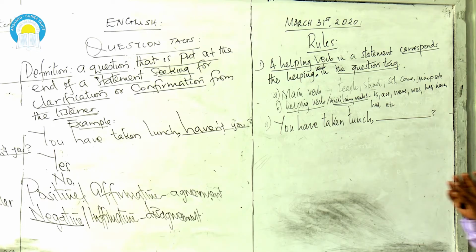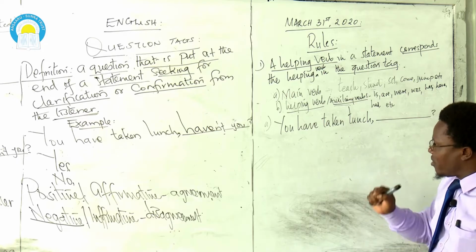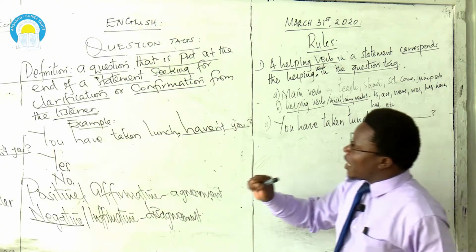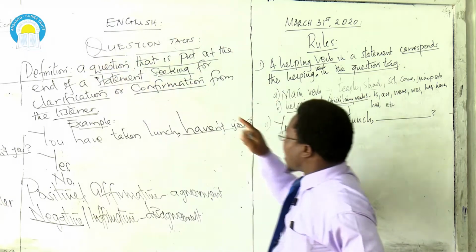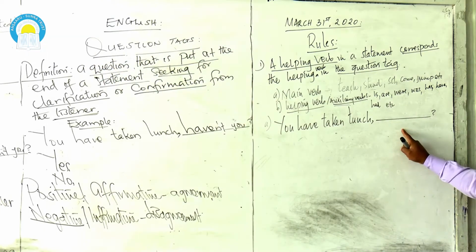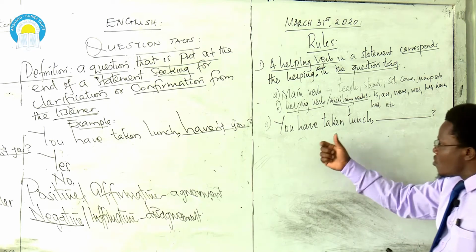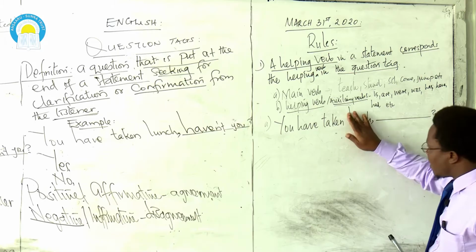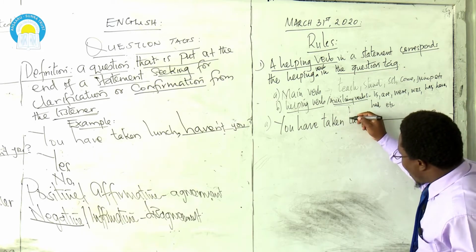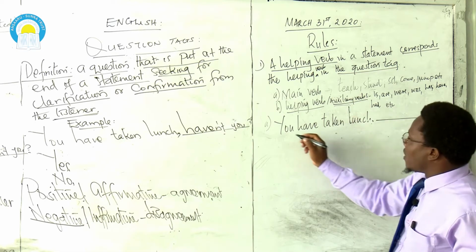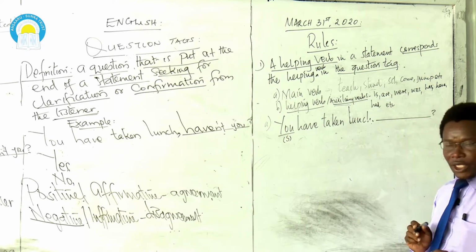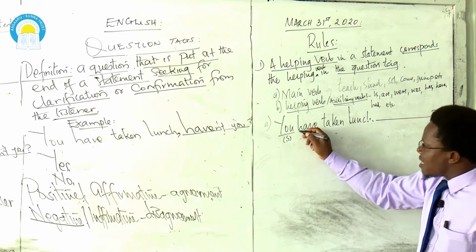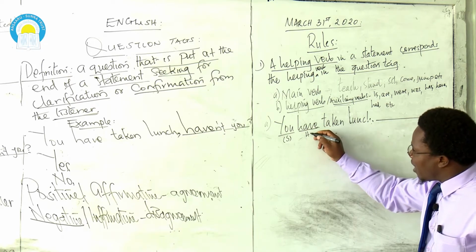They are the subject and the helping verb that shall help us derive the appropriate question tag to fill in the gap successively. So in this sentence, you have taken lunch, our subject is you, the one we are referring to in this case. And have is the helping verb.